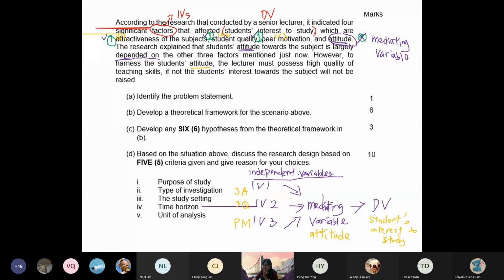Okay, we already know this lecturers' quality of teaching skill will be one of the variables in the framework.